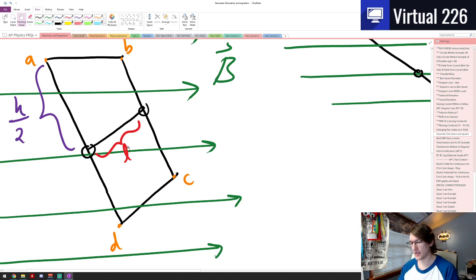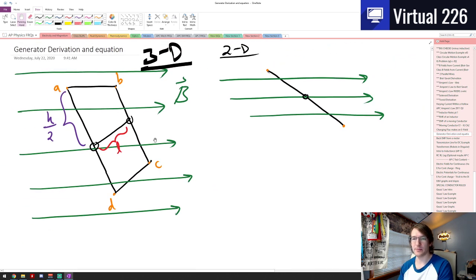A few things we have to keep in mind to begin with. Based off of some right-hand rule principles, wires A and B and wires C and D are the only two wires that are going to generate a useful EMF here.